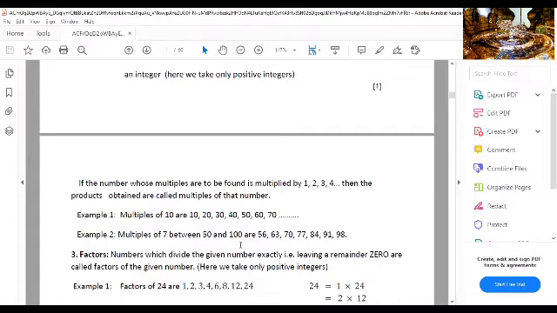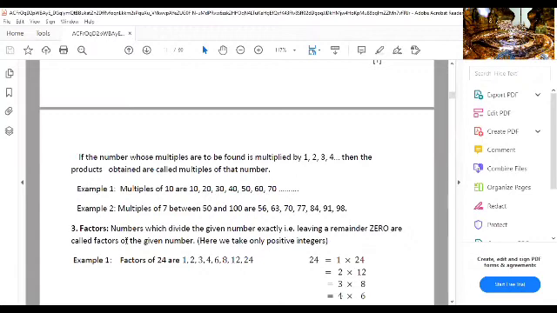Already we know that 7 7s are 49, that is below 50, so we take above 50. 7 8s are 56. 7 9s are 63. 7 10s are 70. 7 11s are 77. 7 12s are 84. 7 13s are 91. 7 14s are 98, which is below 100. This is called the multiples of 7 between 50 and 100.